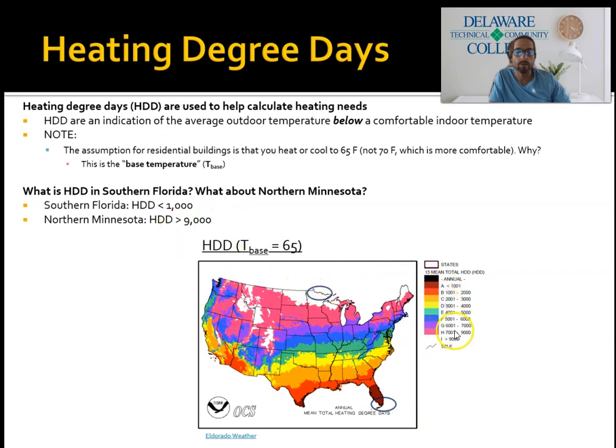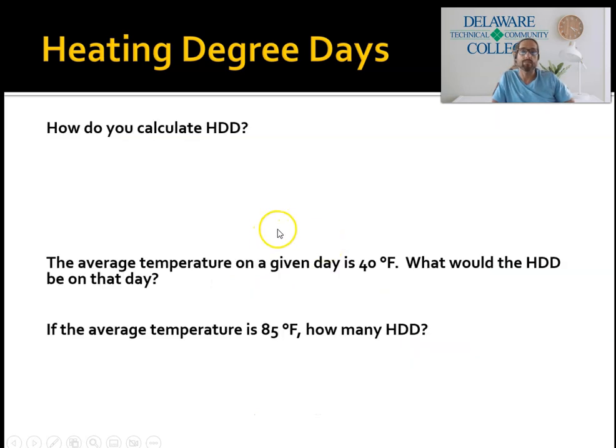Northern Minnesota is the white area that's greater than 9,000. So you can see a big difference in climate, a big difference in the HDD, about 9 times. What that implies is that if you have a building in Minnesota and that same building in Florida, you're going to need about 9 times the heating energy to keep that house warm throughout the year. So again, more HDD means more heating needed.